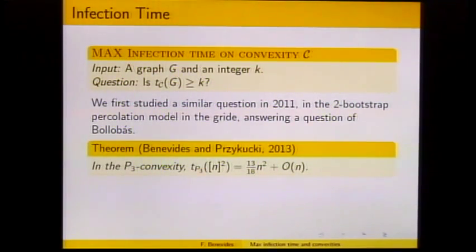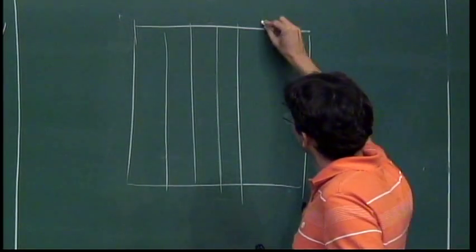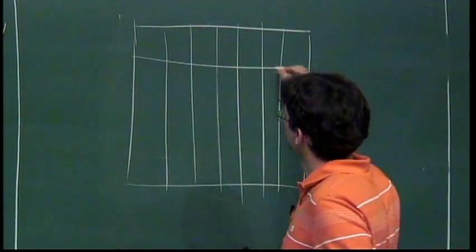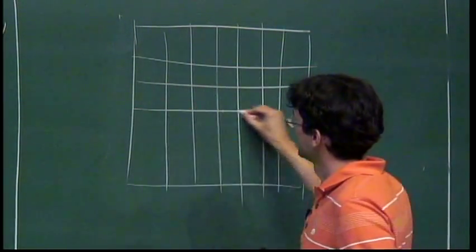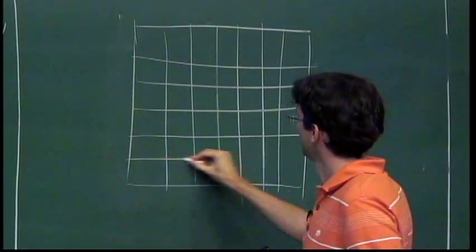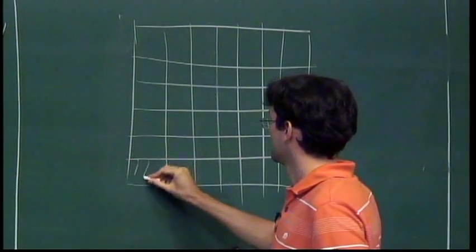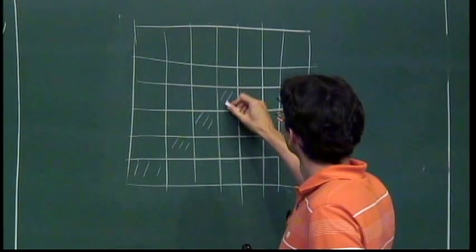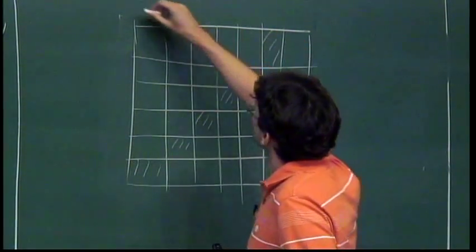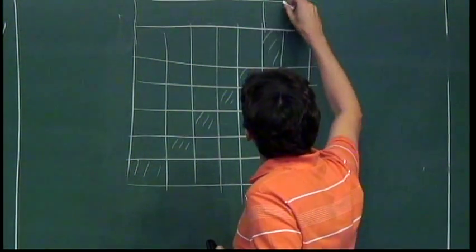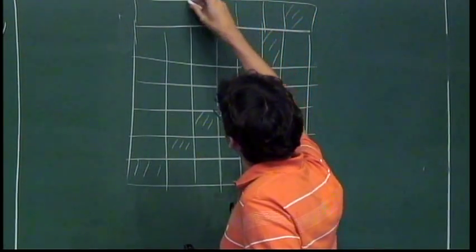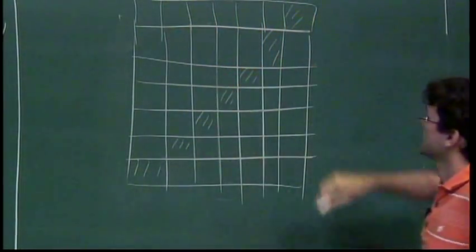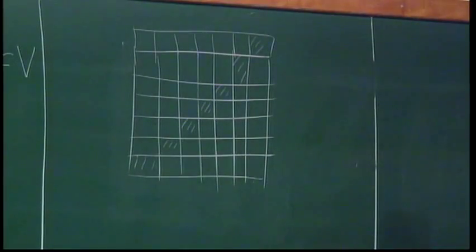As I said, if you pick the diagonal of the n times n grid, the infection will spread, but it will spread very fast.